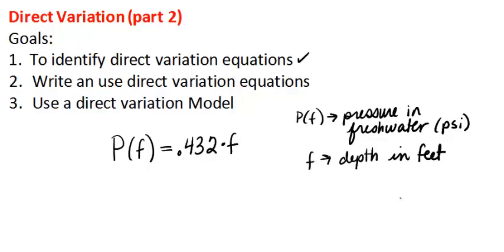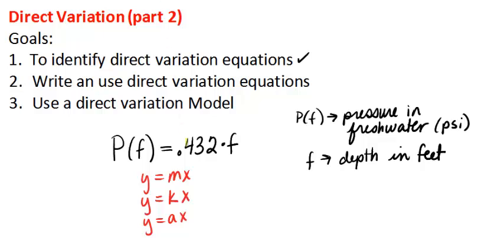So, if we look at this equation, first you want to decide, is this direct variation? Well, if you remember our direct variation model, y equals mx, or you could say y equals kx, or y equals ax. These are all the same thing. So basically we're looking for a multiplier times x.